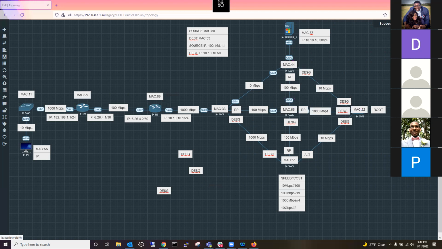Okay. So Lamar, between you and Patrick's, switch 4 and switch 6, who has the lowest cost to the root? Between switch 4 and switch 2? Is that what you're asking? No, between switch 4 and switch 6.